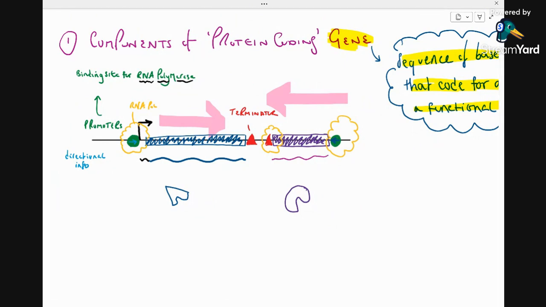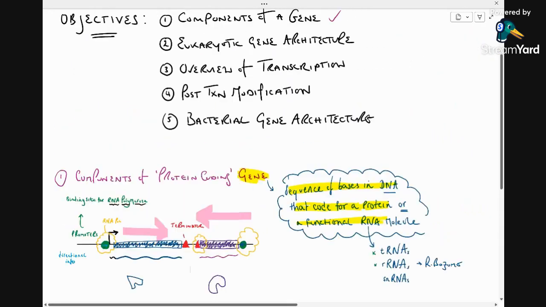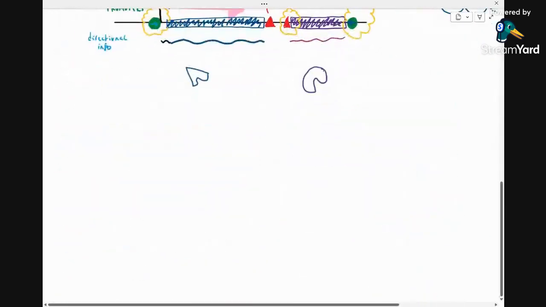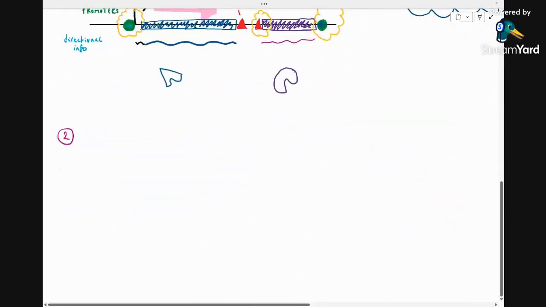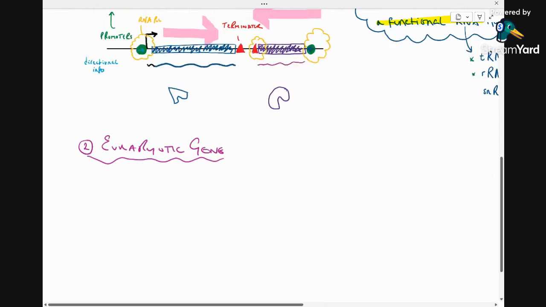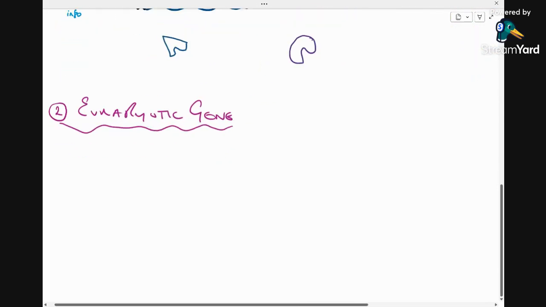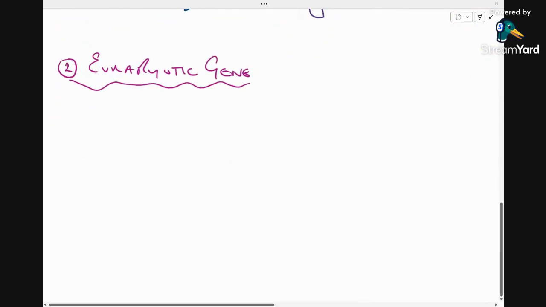So let's now look at, so that's number one done. Let's now look at the eukaryotic gene architecture. So I'm going to make this a little more complicated now by looking specifically at a eukaryotic protein coding gene. We don't talk about the non-protein coding genes. So, where's the black pen?